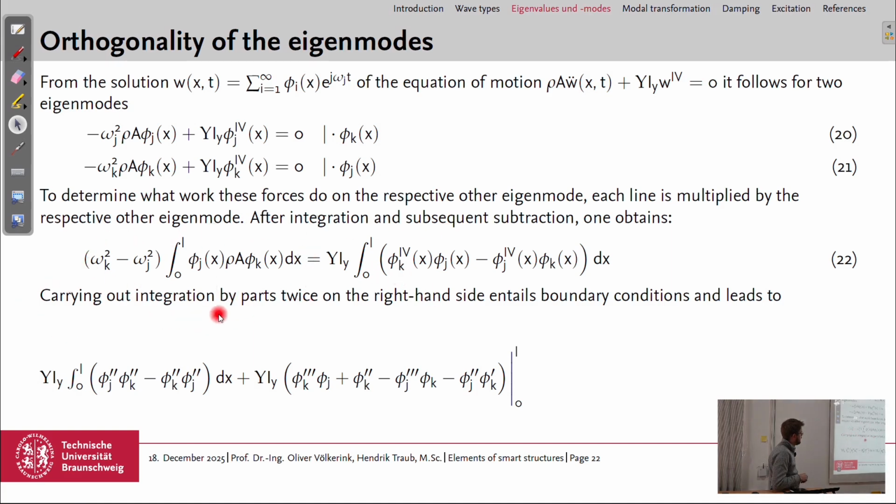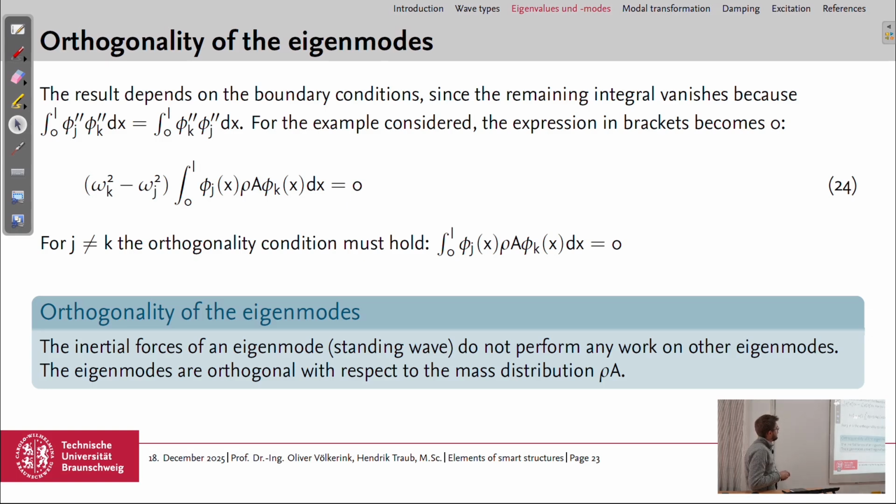carry out integration by parts twice at the right-hand side, because then we get a solution like this, where we can far more easily put in the boundary conditions of the beam. And then in the end, we come up with this equation.